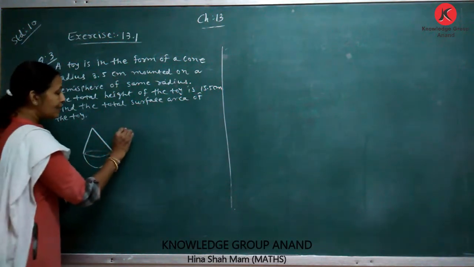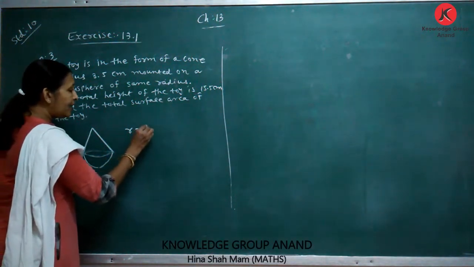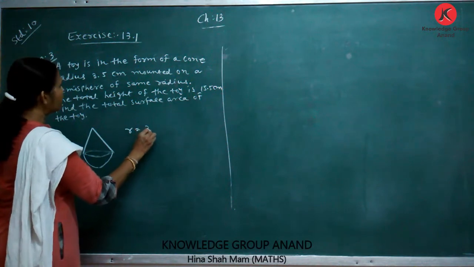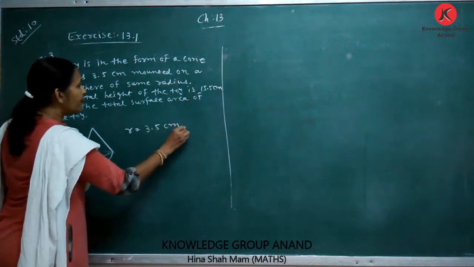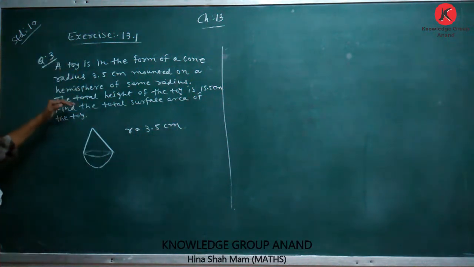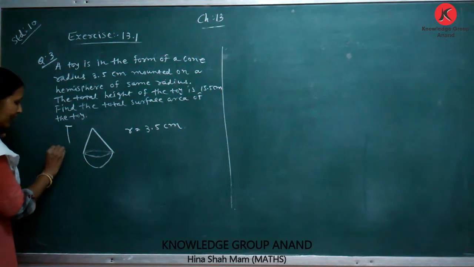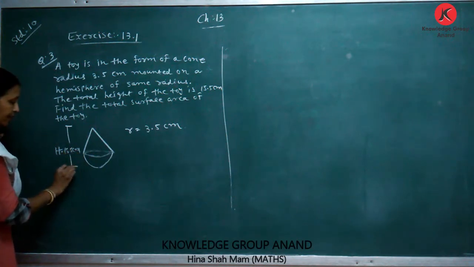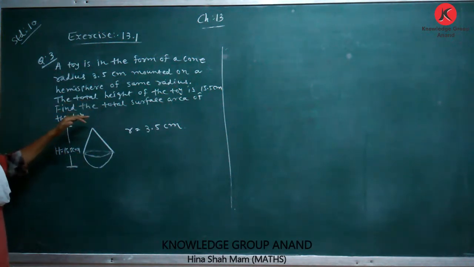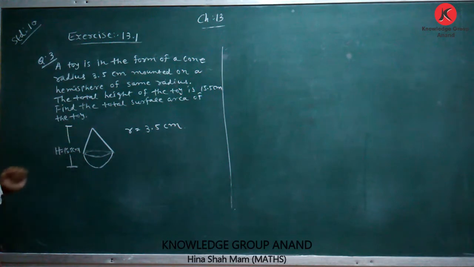Both the radius of the cone and the hemisphere is equal to 3.5 centimeter. The total height of the toy is 15.5 centimeter. Here the total height, we say capital H, is equal to 15.5 centimeter. Find the total surface area of the toy.